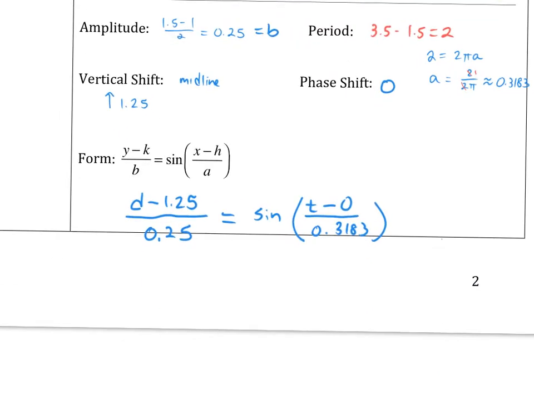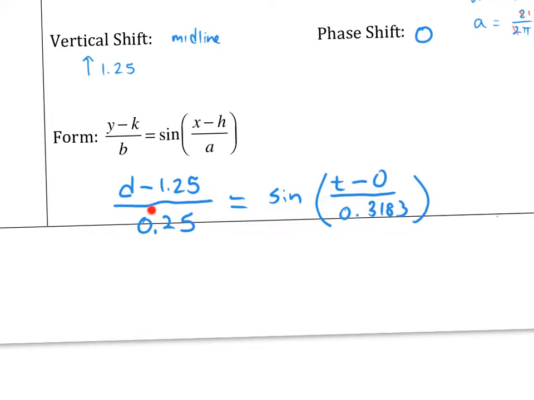And now to finish up, what I need to do is multiply by 0.25 on both sides, which is the same as dividing by 4. So I could say 1/4 over here. So multiplying by 0.25, which is the same as multiplying by 1/4.